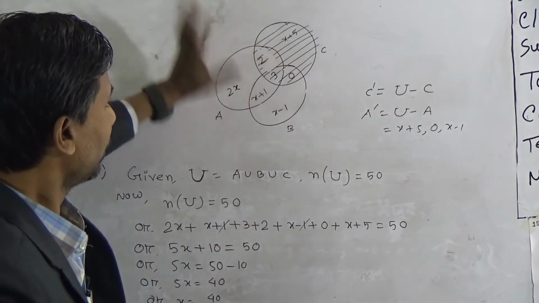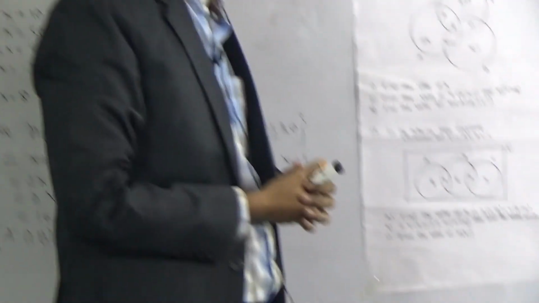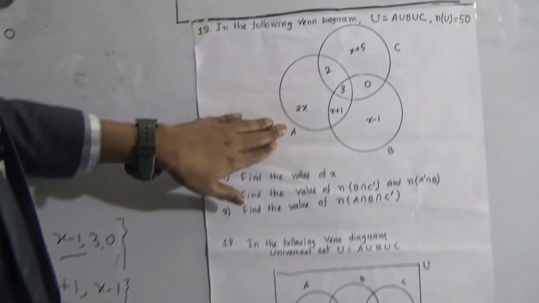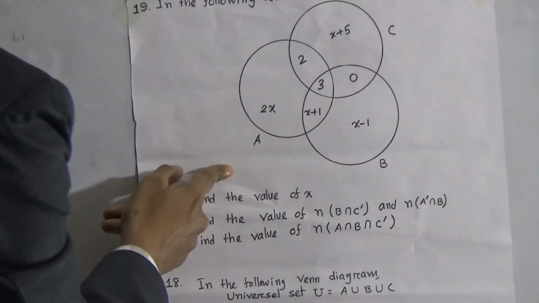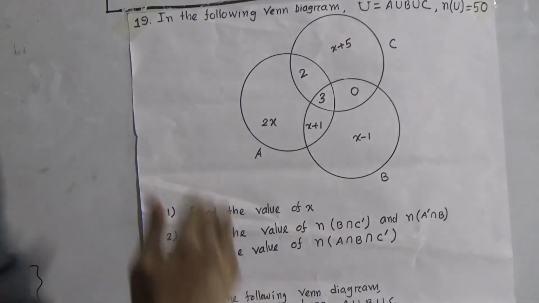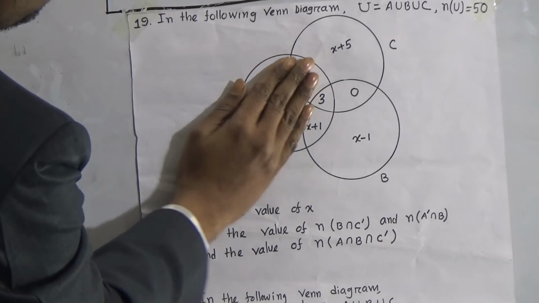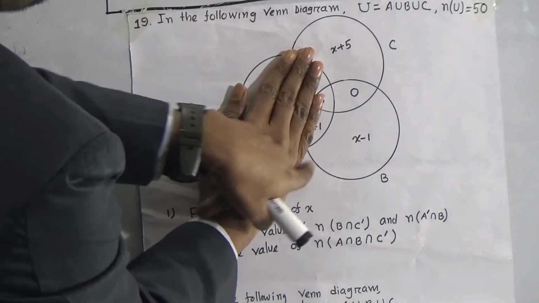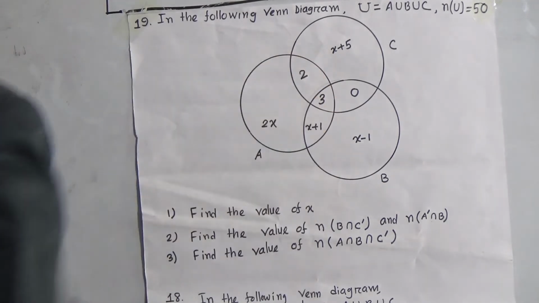Okay, student? Now look again, you see this figure. A complement means cancel the A elements from the total elements. That means this is the A elements. Cancel. Now which one is the remaining? x plus 5, 0 and x minus 1.